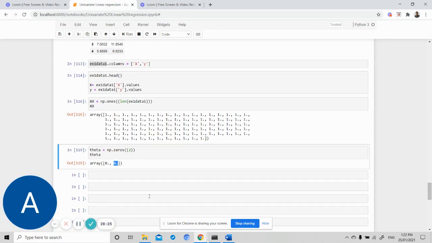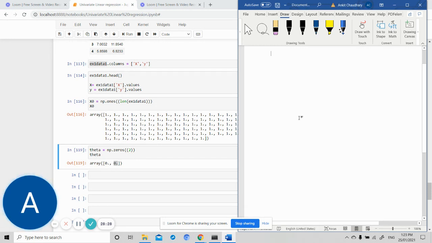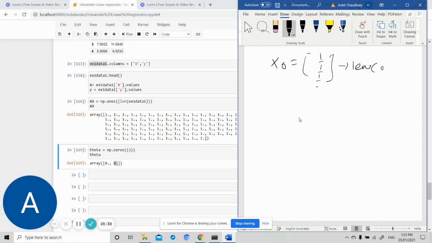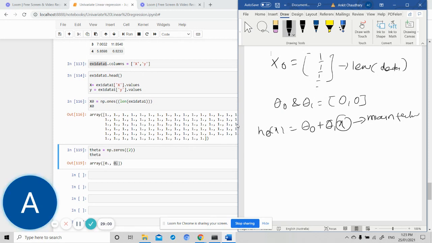So what we did right now is we created x naught, which is all 1 1 1 up to the length of our data, and we defined our theta naught and theta 1 as 0, 0. We know our hypothesis equation is theta naught plus theta 1 x. This x is our main feature.